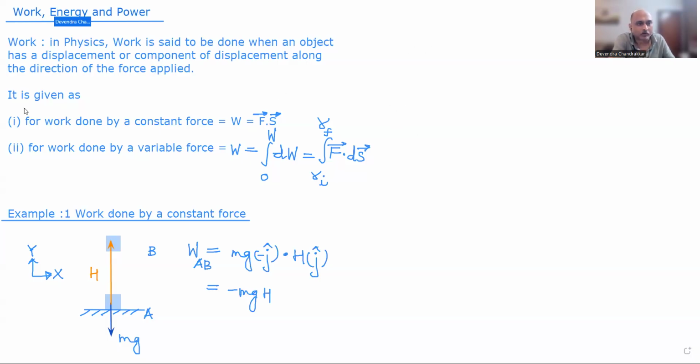Now, a very important thing which we should learn here, very important. This F dot S vector. Work done, as we saw, is given as F dot S vector.